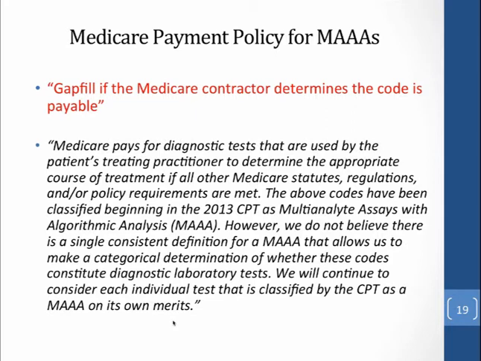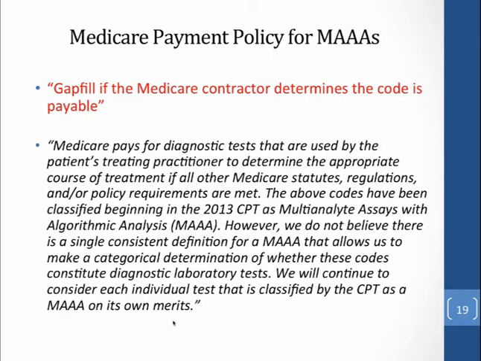However, they've come up with at least a payment policy, and that is simply that they've told the contractors to gap fill such codes if they determine them payable. So the contractor still has to decide if it's a covered service, and then they can consider each one individually as to what it should be paid based on the charges, obviously, and all these other factors.